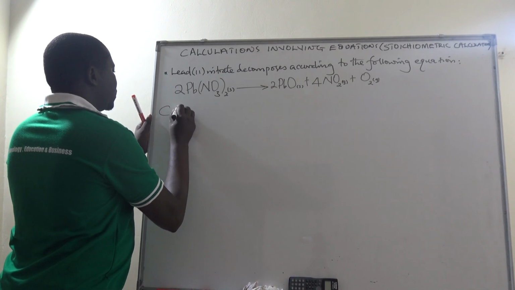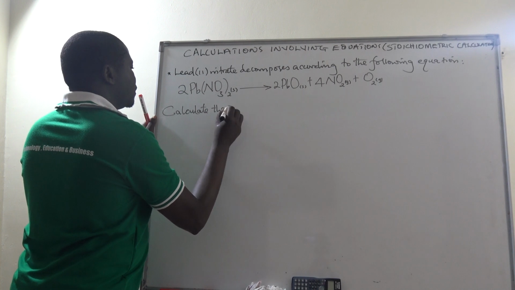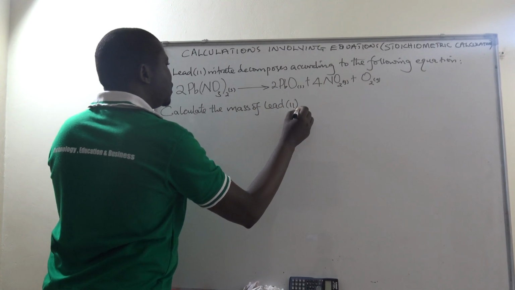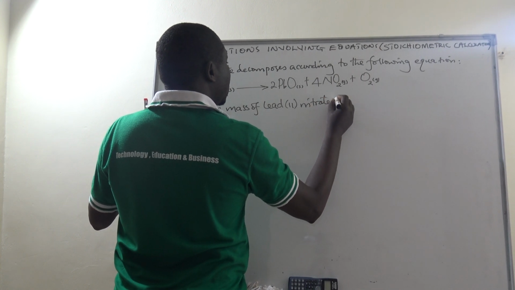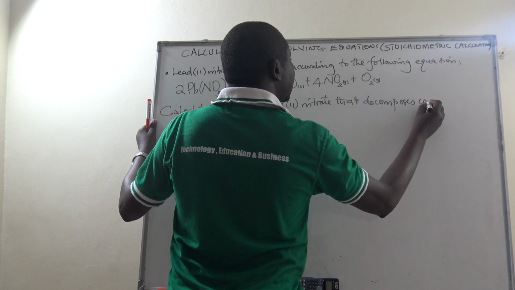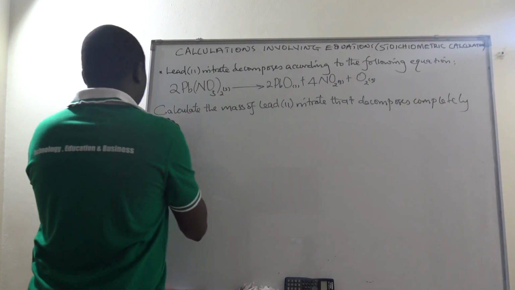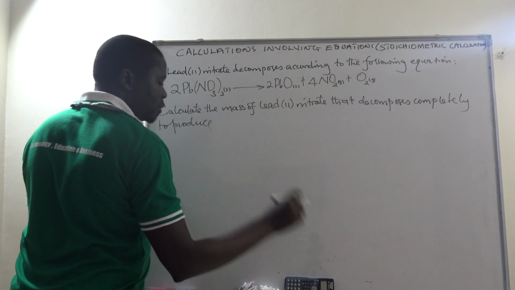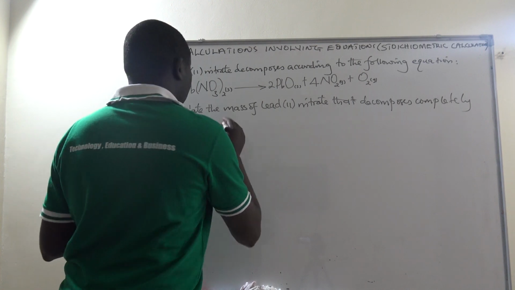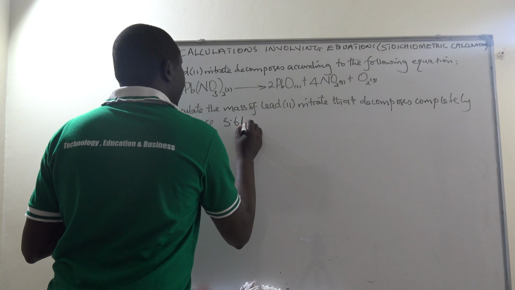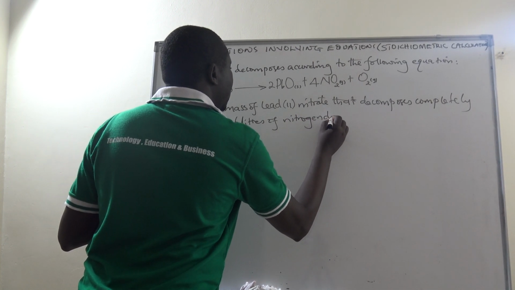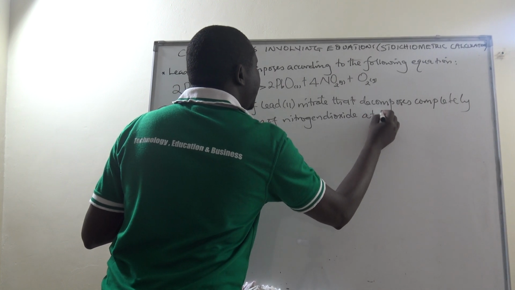So calculate the mass of lead (II) nitrate that decomposes completely to produce 5.6 liters of nitrogen dioxide at STP.